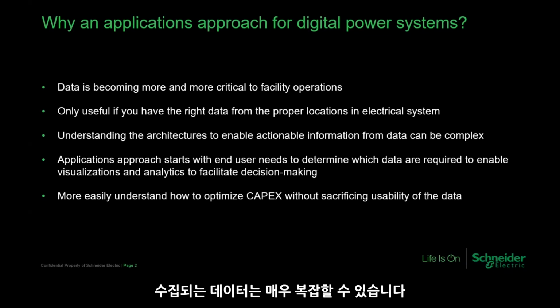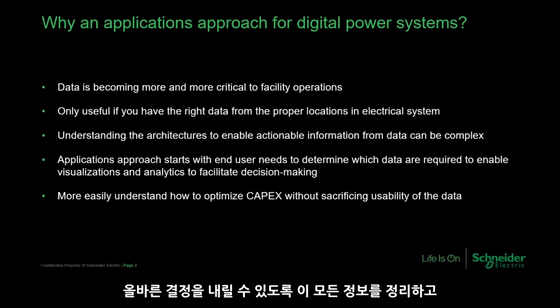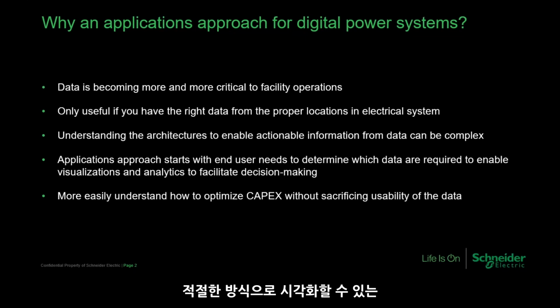And this data could be very complex, all right? You need to have some sort of software to be able to sort out all this information and visualize it in a proper way so that you can make good decisions. And then, of course, the application approach starts with the end user's need.